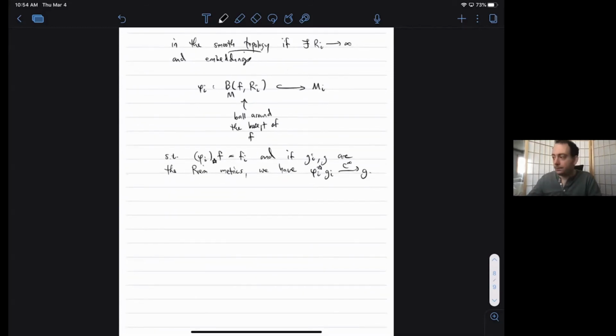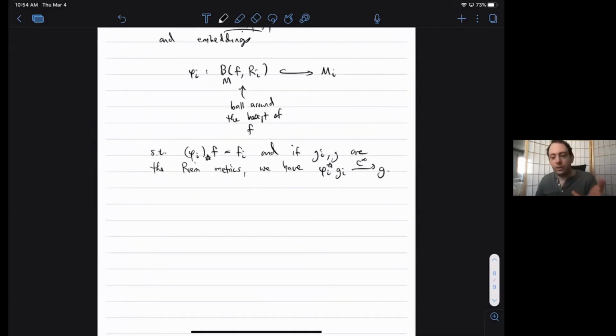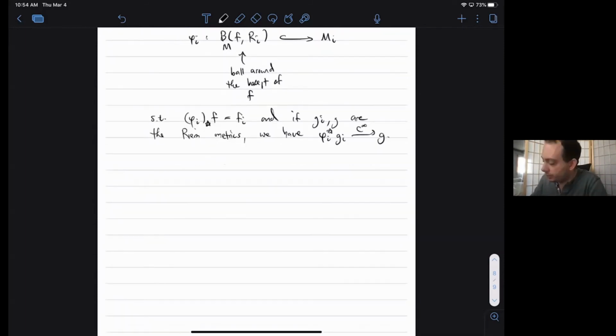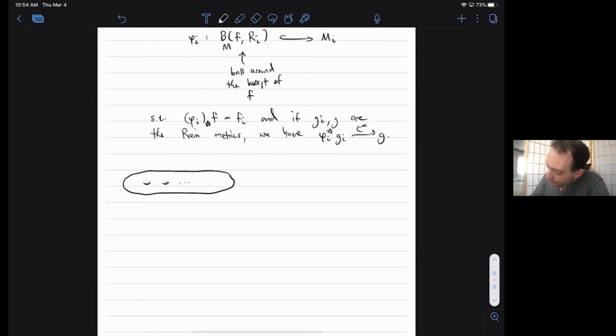And I think it'll be most helpful to have an example in mind. Here's the picture. It's kind of a silly picture, but imagine I have some surfaces. These are my M_i surfaces, and imagine this is like genus i or something.